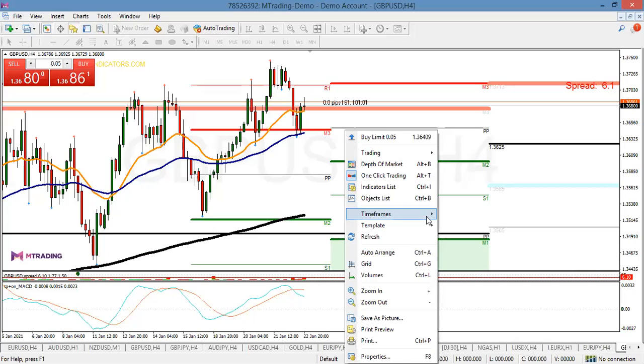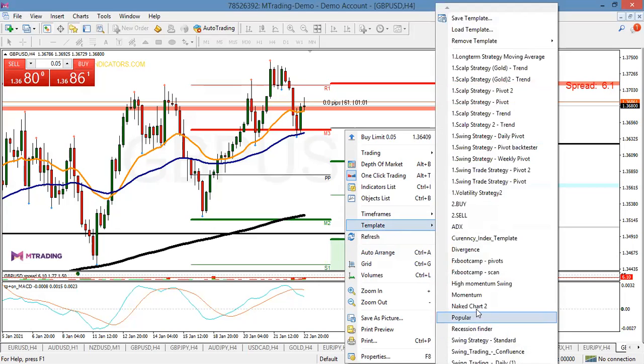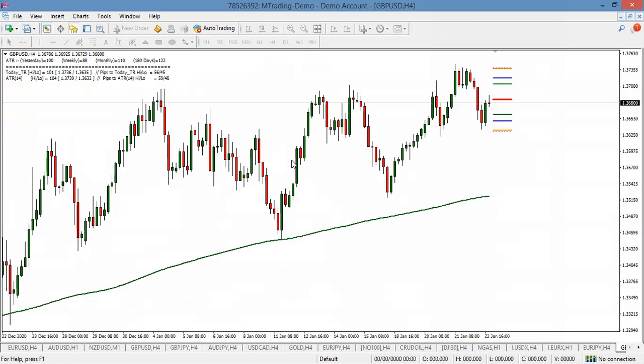So when you open the chart, the first thing you see are candlesticks. This is an example of what a candlestick looks like. So these are candlesticks.